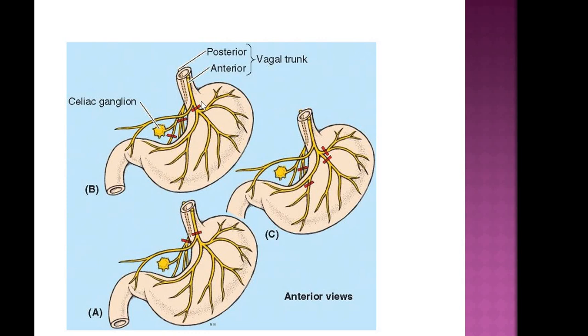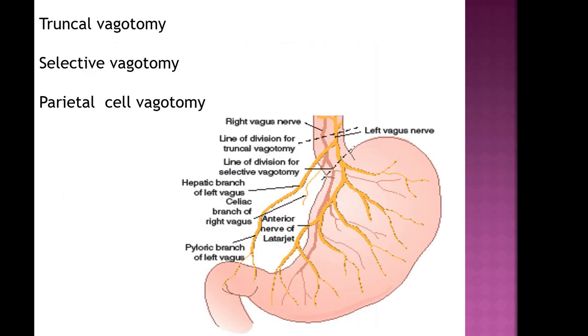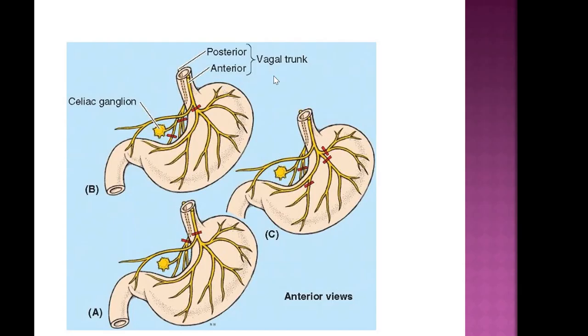Then the second type of vagotomy is the selective vagotomy. In selective vagotomy, the branches supplying the stomach, that is the gastric branches from the anterior as well as the posterior vagal trunk, are resected. This is called selective vagotomy.